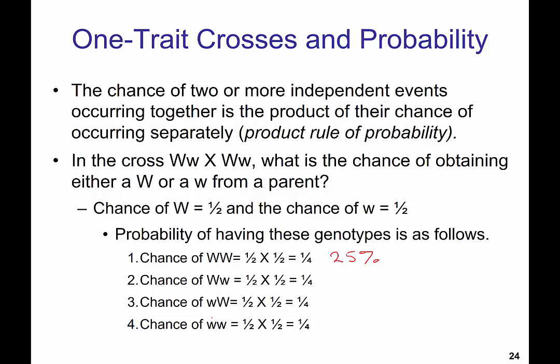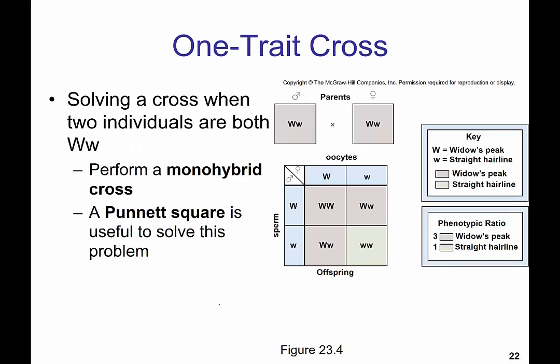The chance of getting little w, big W is also going to be a quarter chance, or 25%. And the chance of getting little w, little w is also 25%. So we get the same result using this product rule of probability as we did with the Punnett square right here.